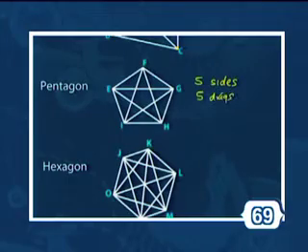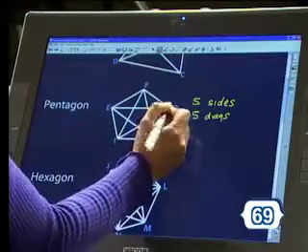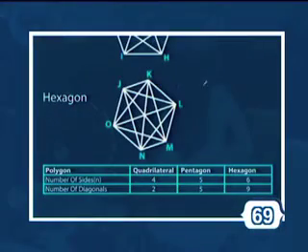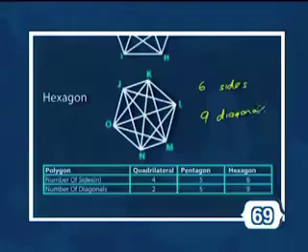So once again, drawn from each vertex to the opposite vertex, you can draw that 5 times. And in a hexagon, which has 6 sides, we get 9 diagonals. So that means it's possible to go from vertex to vertex 9 times.